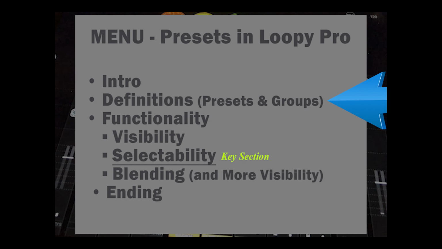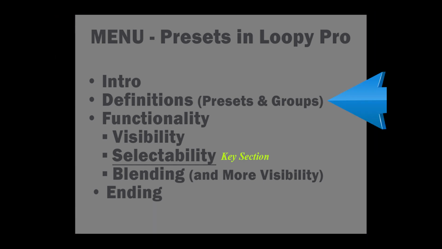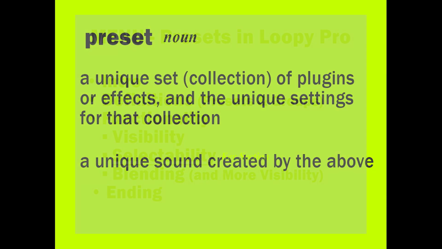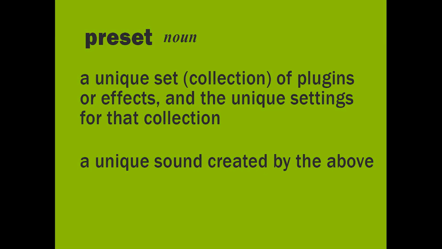So a great place to start is a simple definition of preset, so we are all on the same sheet of music, pun intended. Quite simply, a preset means a collection of plugins or effects, a unique collection of plugins or effects, and the unique settings for each of these, and it has to be across the entire project or session.